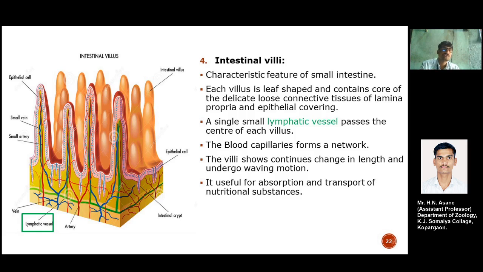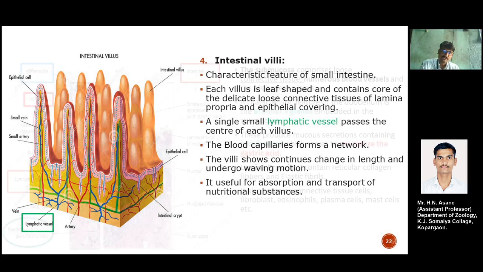Okay, so you can see the small arteries present in each villus. You can see the small veins. You can see the epithelial cell linings. The very numerous crowded structures are the intestinal villi, which increase the surface area of the digestive tract, as well as the absorptive rate and the absorptive portion of the small intestine.